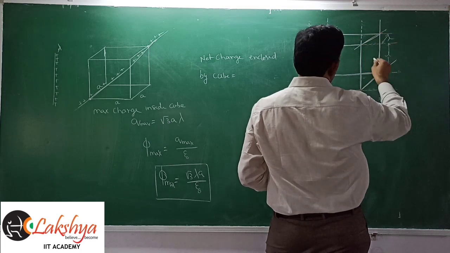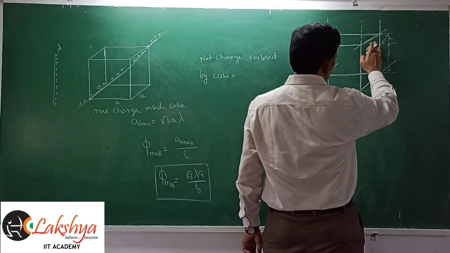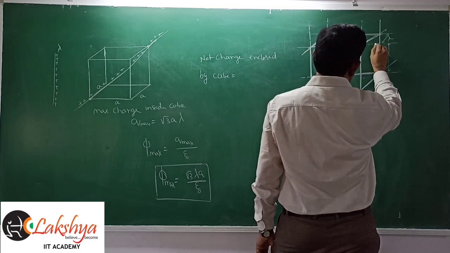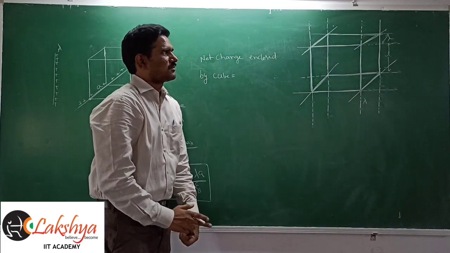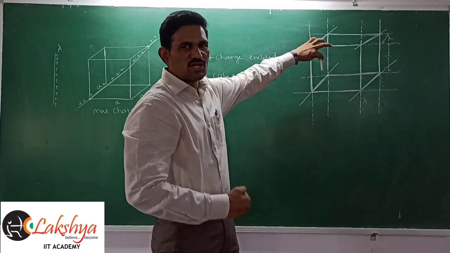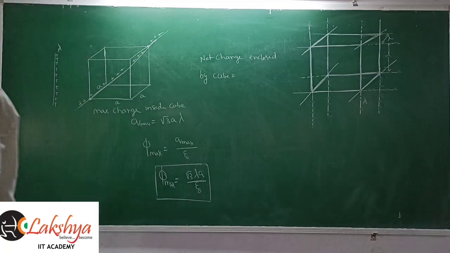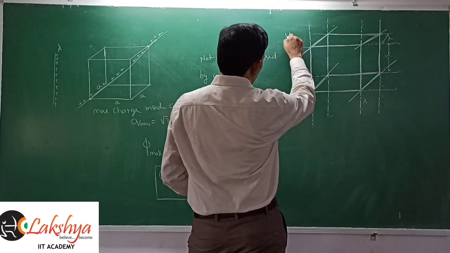So that is our cube here. Right? Now if I take this side, the charge present on that part will be equal to lambda into L.